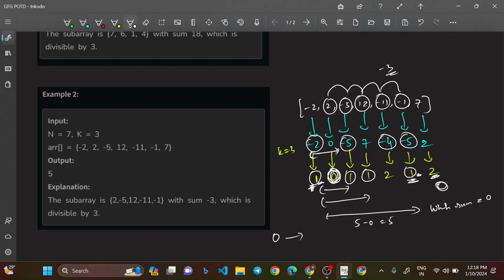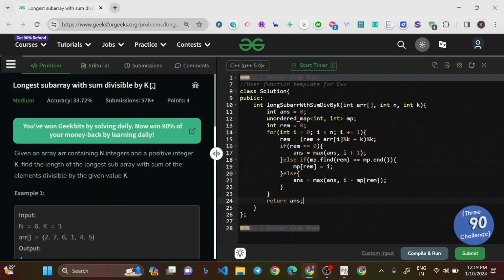That means the total array can be considered divisible by k, because a 0 sum is divisible by k, isn't it? So you'll be considering that also. Whenever the accumulation is 0, take that length as well, the index minus 0. That is also very important.